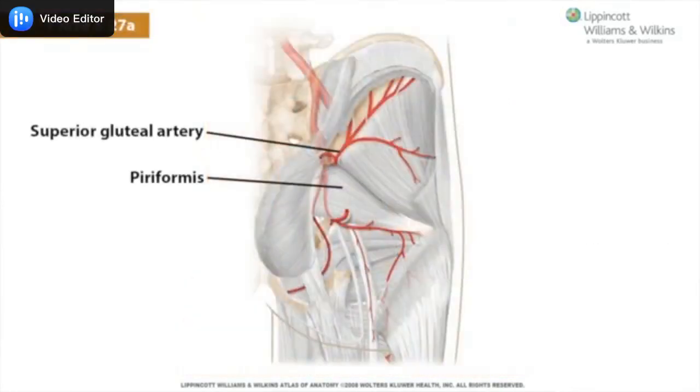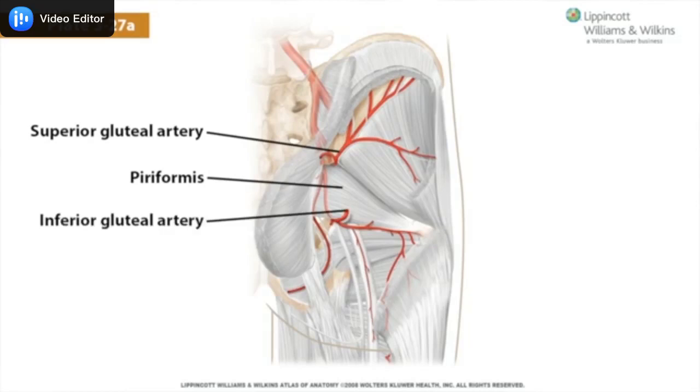The superior gluteal artery dives between roots of the sacral plexus, often between the lumbosacral trunk and S1, passes the superior edge of the piriformis muscle, and exits the greater sciatic foramen to reach the gluteal region.